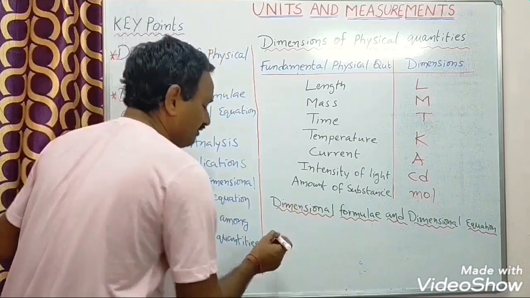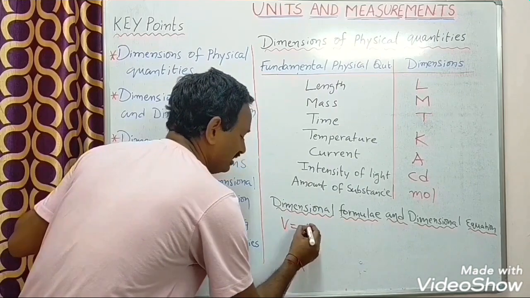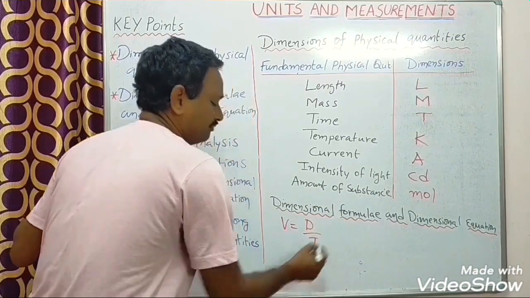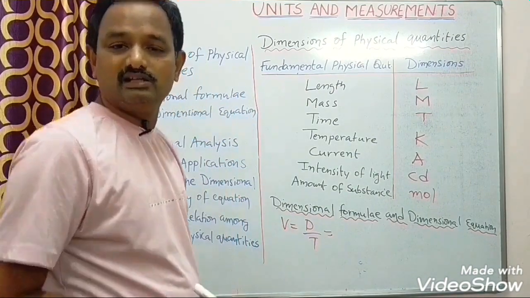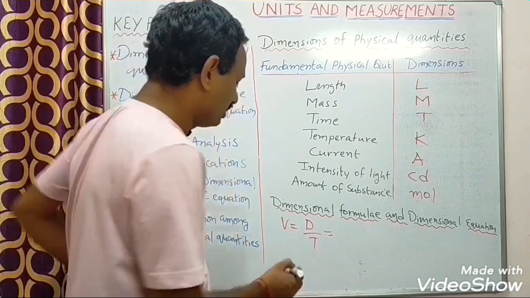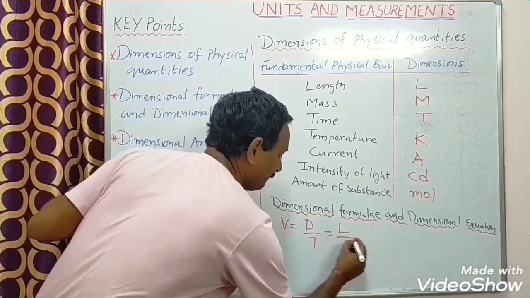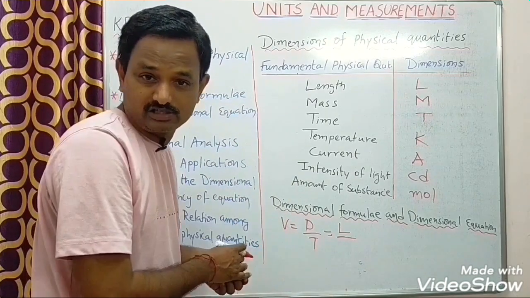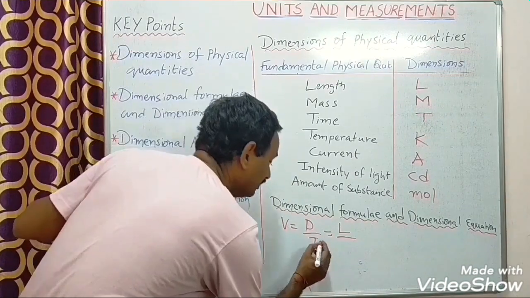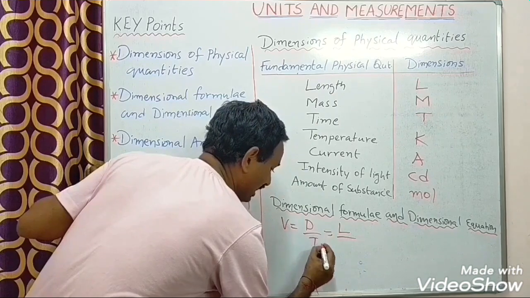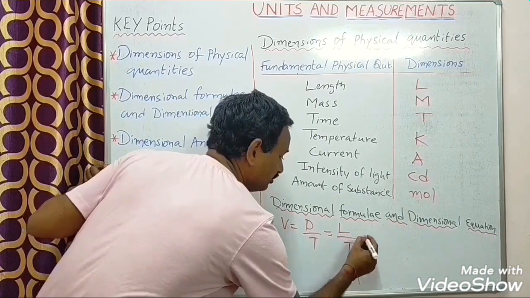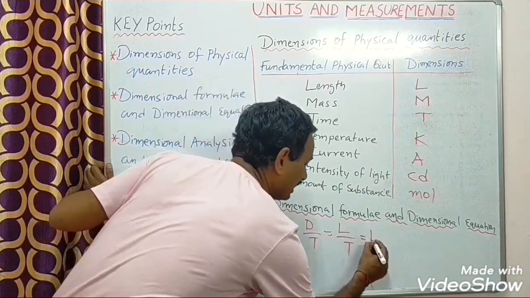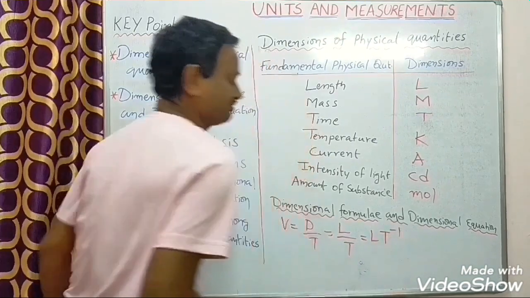Velocity means displacement by time. See, displacement is like a length. So L for length is a dimensional formula, and for time, T. I will take for time T. So, I can write L T power minus 1.